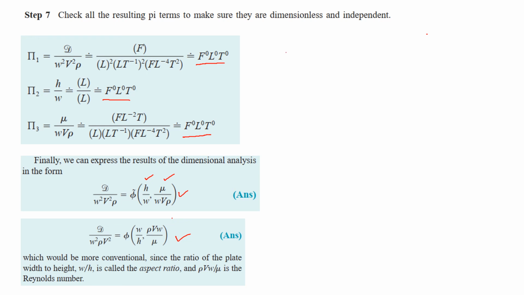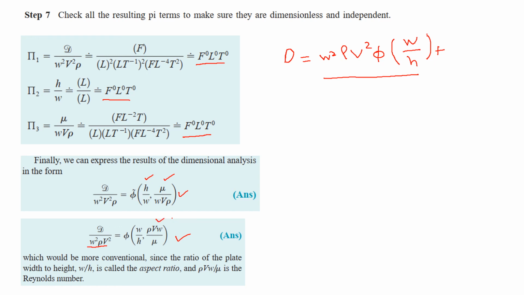So we can write the drag force D as equal to, we take this denominator and multiply it on the right hand side, W square, the density, velocity square, and then the constant, multiplied by the aspect ratio. Okay, so this is the first term on which the drag force is dependent, and then plus the next term, that is this.